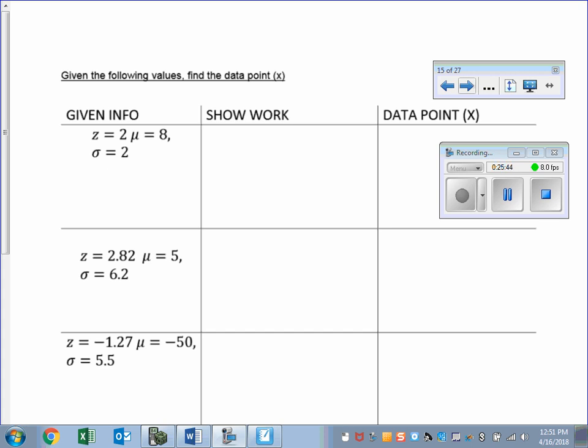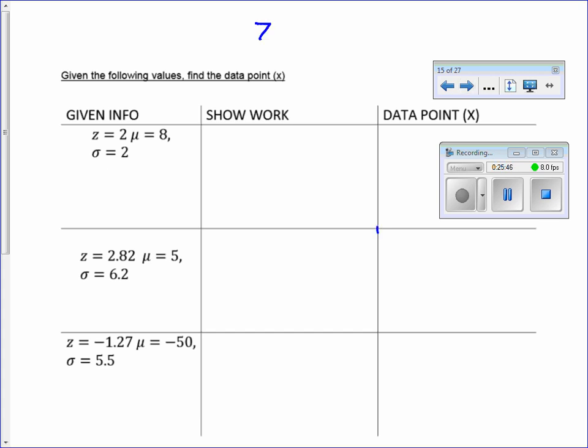Here's my formula. I'm going to show our work in this column, and then write the answer versus data point x.